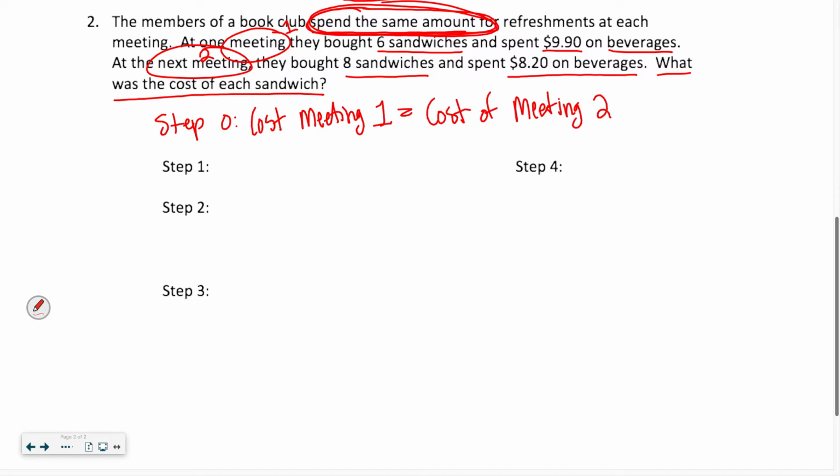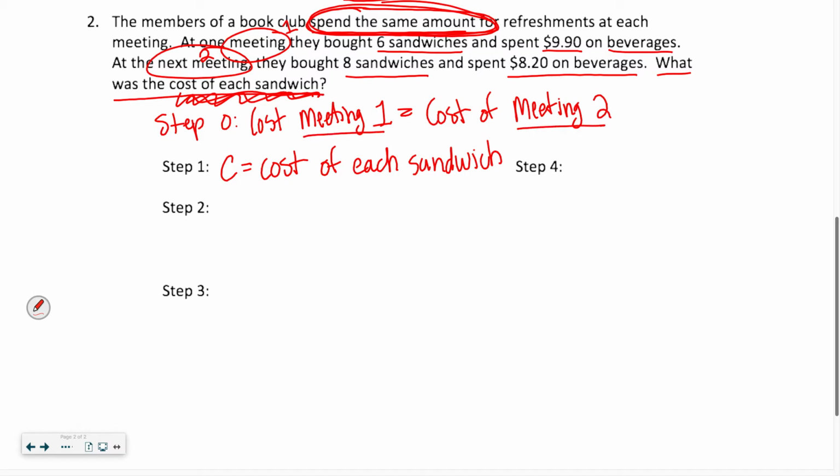Okay, what was the cost of each sandwich? So that's what they're asking me. So that's what's going to help me with defining my variable. So let's say C is the cost of each sandwich.